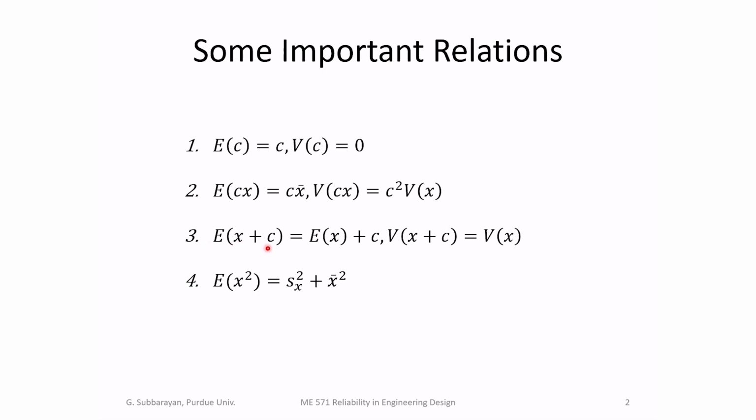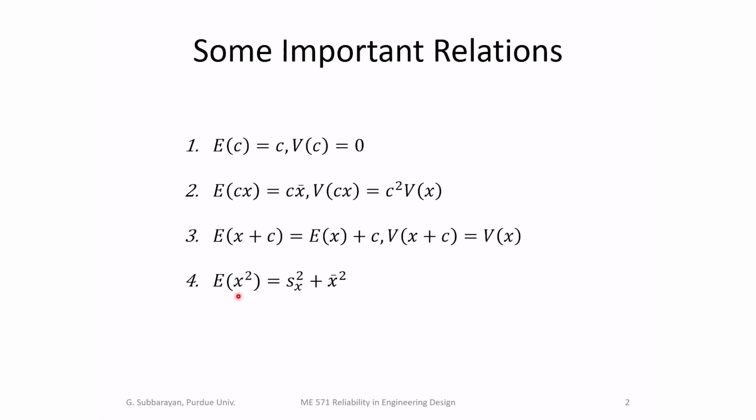The expected value of a constant plus the random variable x is the expected value of x plus the constant. The variance of a constant plus the random variable x is nothing but the variance of x. And this last result is a very important result.